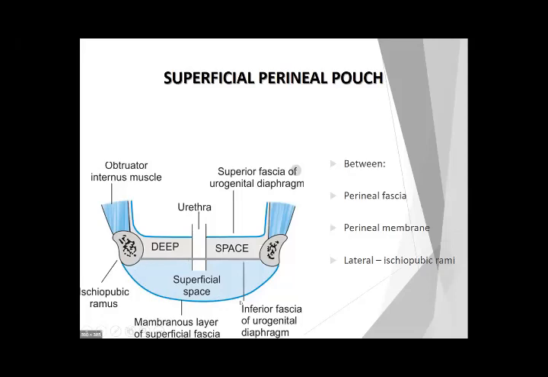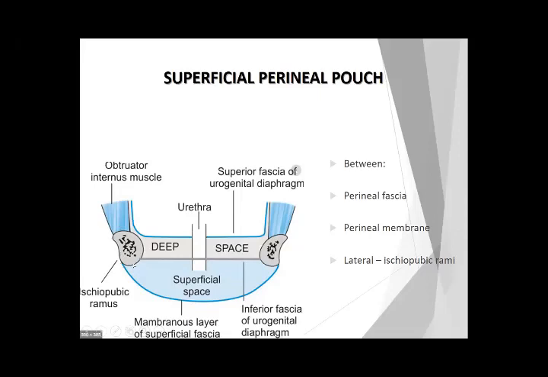So the area between the undersurface of the perineal membrane and the perineal fascia, that is the area of the superficial perineal pouch. It is bounded laterally by the ischiopubic rami. ठीक है?